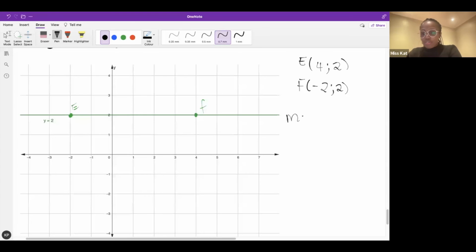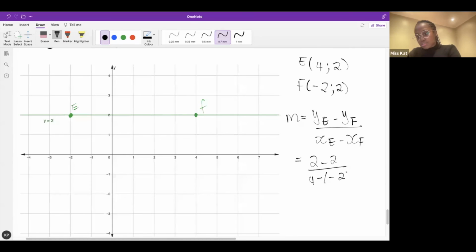Now, back to our formula. M equals the y of E minus the y of F over the x of E minus the x of F. Now let's substitute. The y of E is 2 minus 2 over the x of E, which is 4 minus -2.